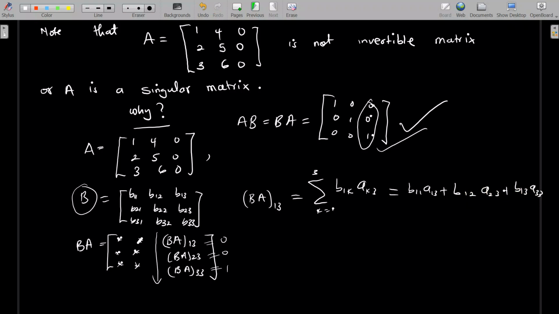But if you notice, A13 is this one, A23 is this one, A33 is this one, so all these terms are 0.